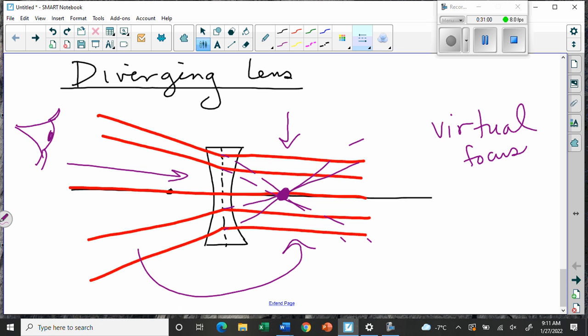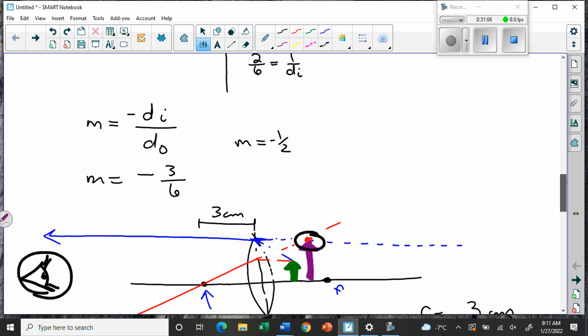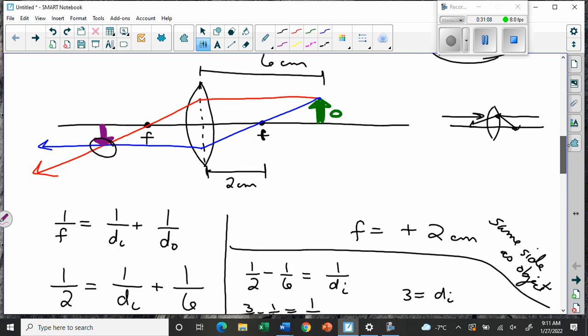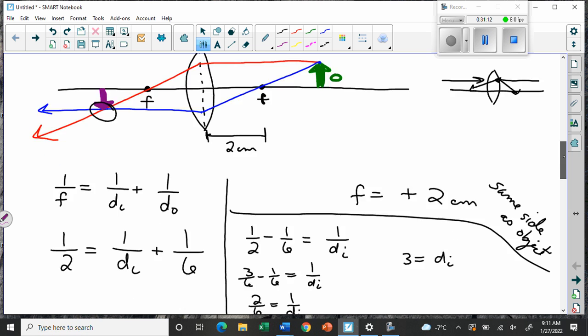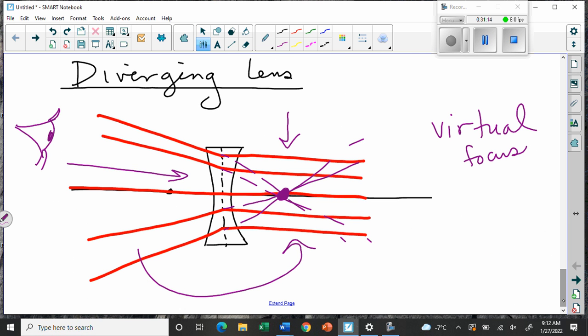It's because of the light rays not actually being there. So that's very important. If you go back to this one, when it went to the other side, it was real light rays that crossed. See the difference? That's the difference. So we have a virtual focus, which means we should be using a negative sign for our focus.